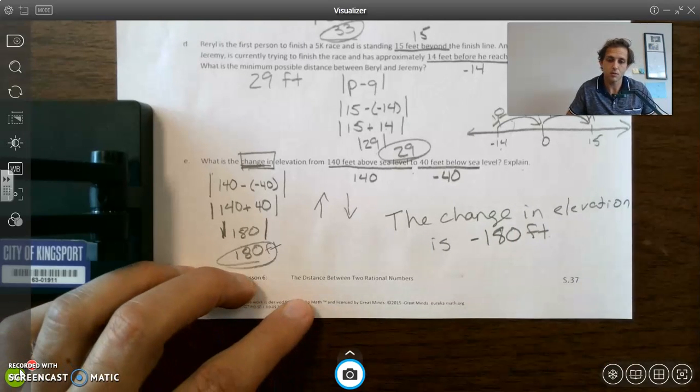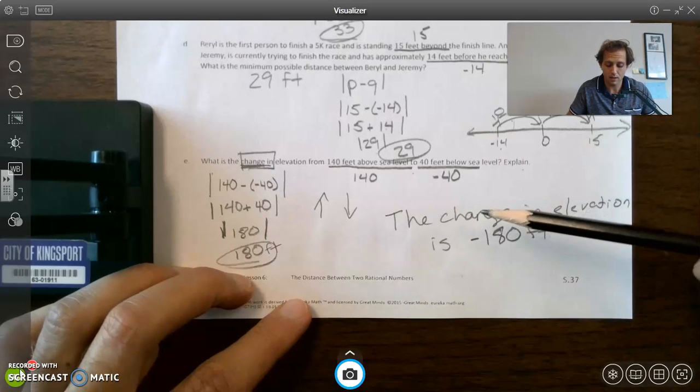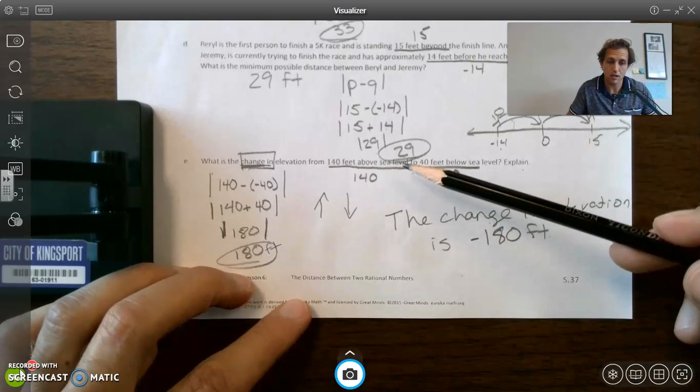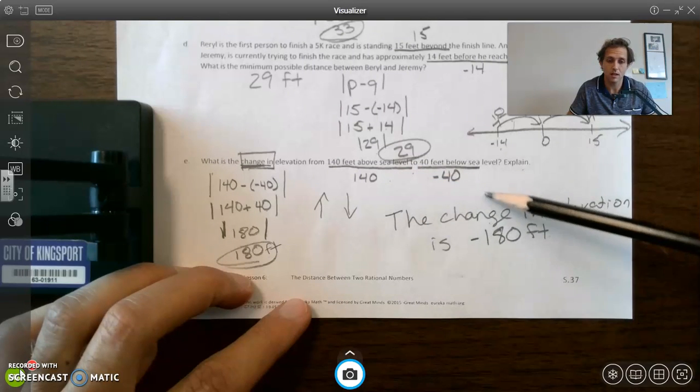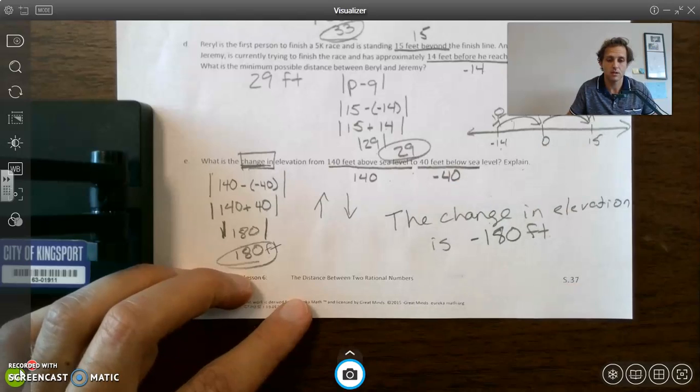Why negative? Because we're not talking about distance, we're talking about change. And the change here is a change from being at positive 140 to negative 40. We are going down. It is a negative change.